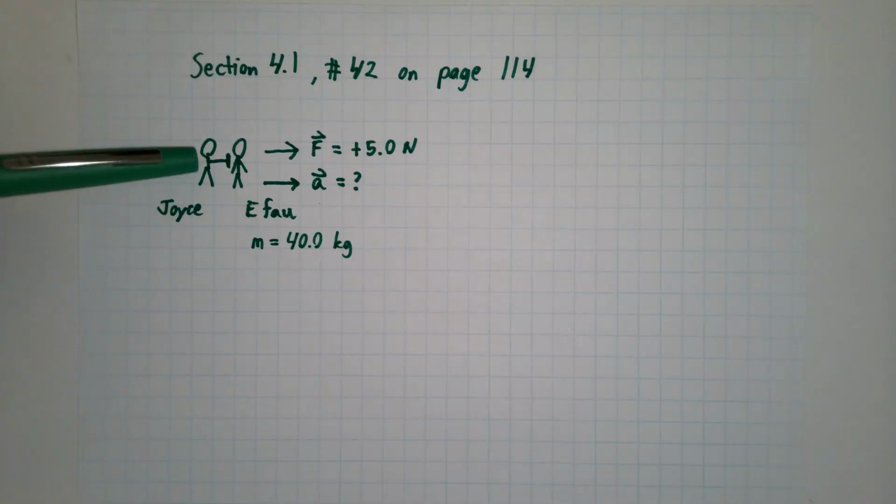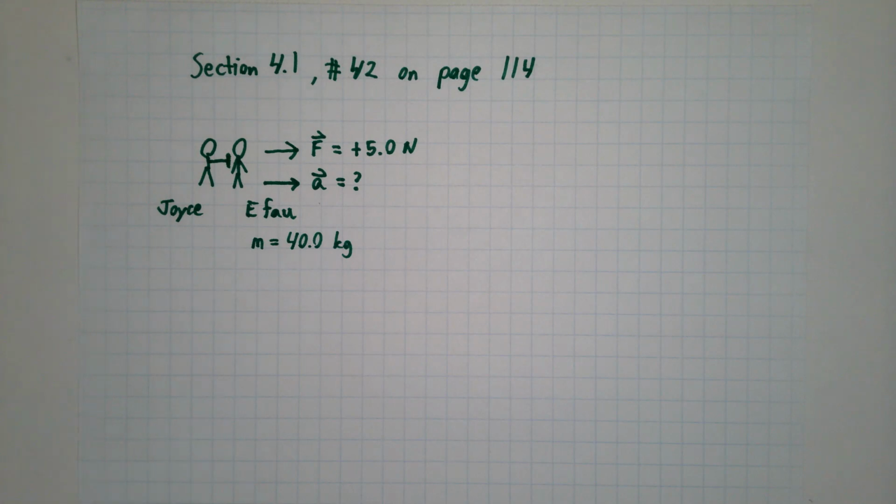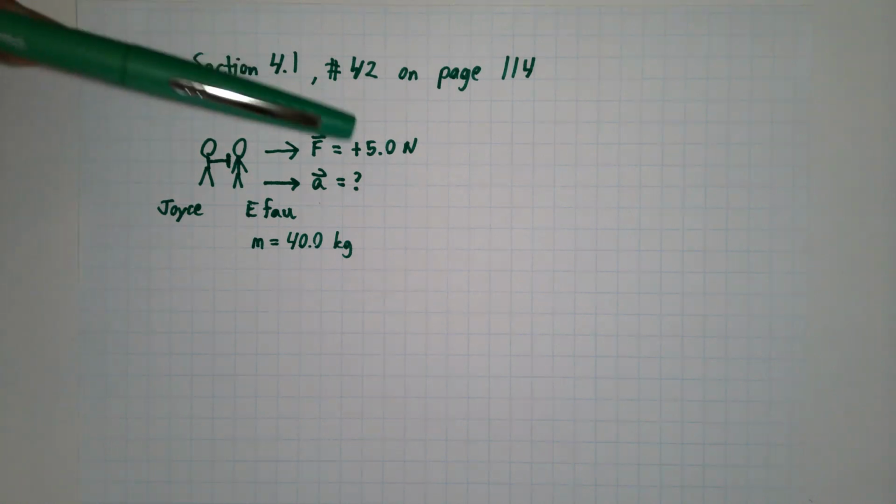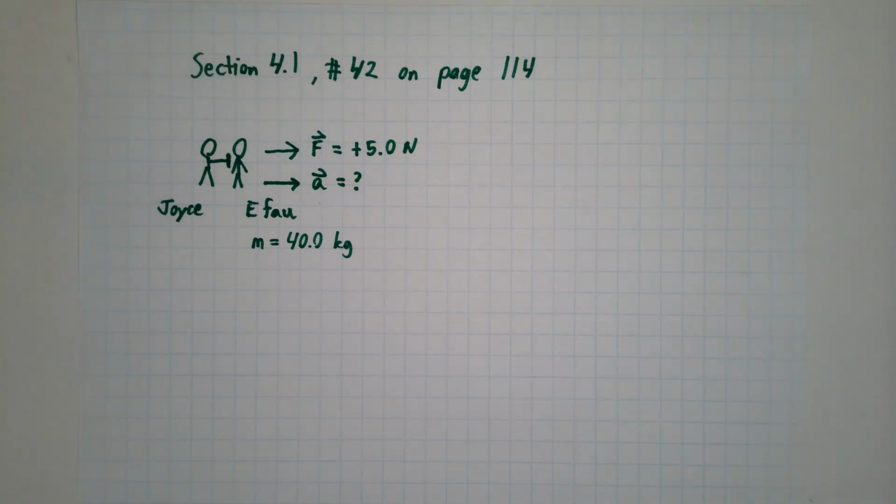So person A and person B. Joyce pushes, in other words applies a force to her friend, and that force has a magnitude of 5 newtons, and it's in the positive or the right direction. Her friend Ifao has a mass of 40 kilograms. Our question is to find what is the acceleration that Ifao, her friend, undergoes due to this force applied by Joyce.